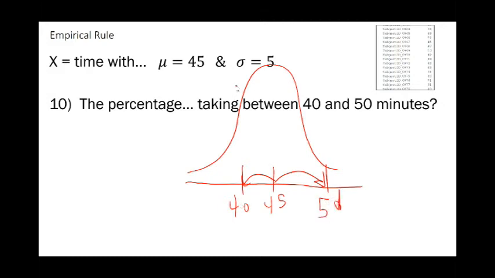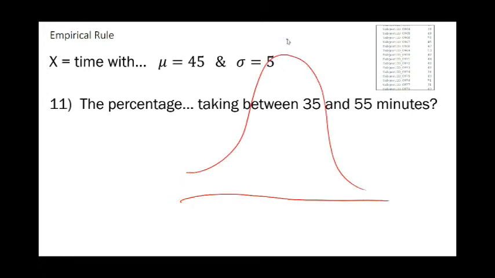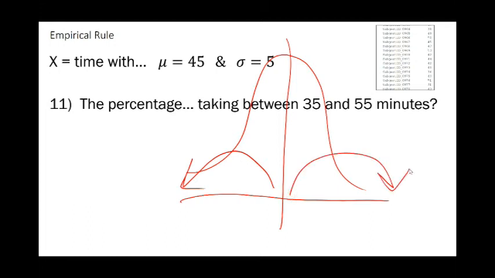What the empirical rule says is about 68% of all x values will be within 1 standard deviation of the mean. About 95% of people will turn into zombies within 2 standard deviations of the mean. So that is all the way down to 35 minutes and all the way up to 55 minutes. 2 standard deviations below, 2 standard deviations above.